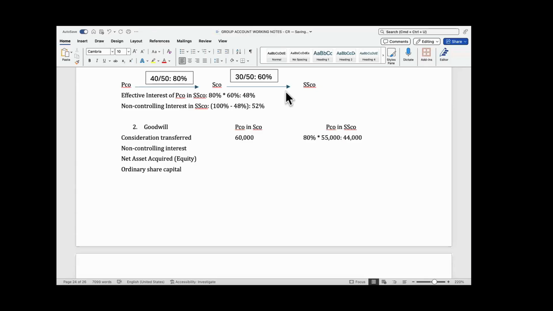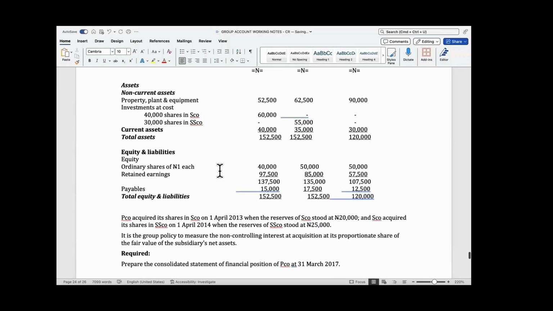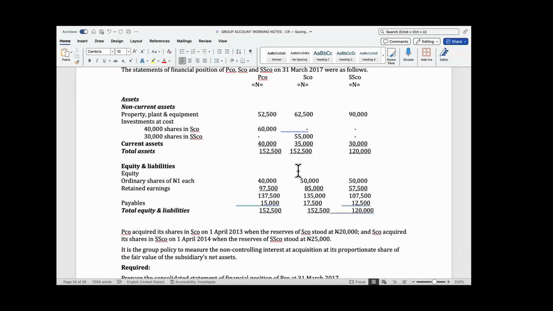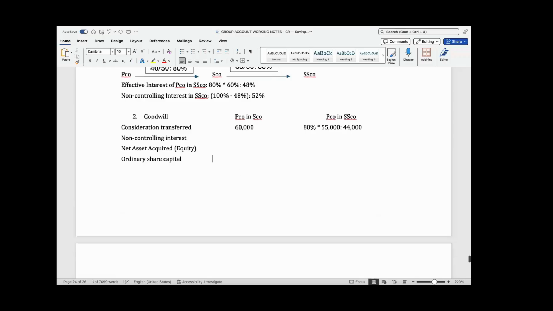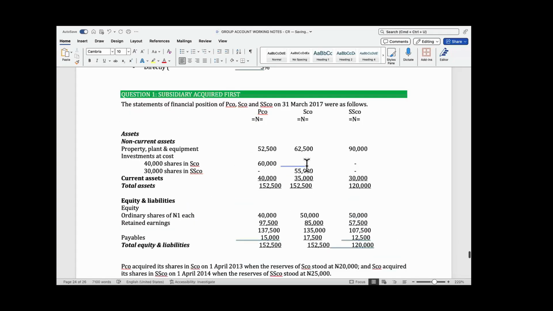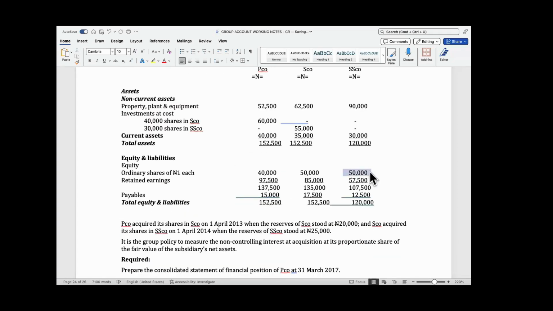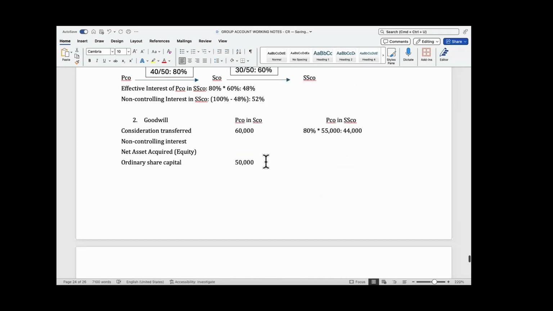My ordinary share capital of the subsidiary, how much is it? That's 50,000 for the subsidiary, and the sub-subsidiary is also 50,000.